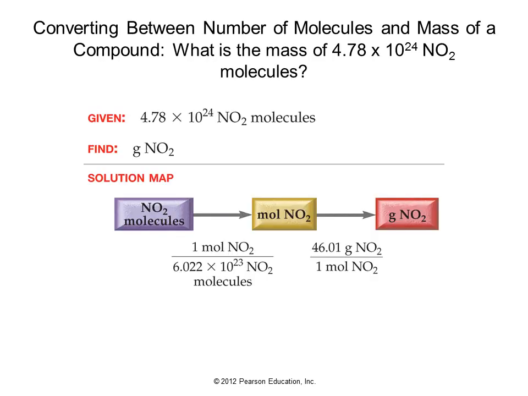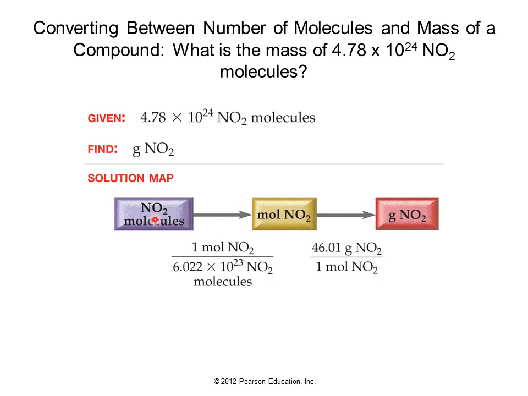Converting between numbers of molecules and mass for a compound. What is the mass of 4.78 times 10 to the 24 nitrogen dioxide molecules? Here's your given, and this is what you want to find. The map shows you'll have to have 2 conversion units, and of course the center one is going to be the mole.